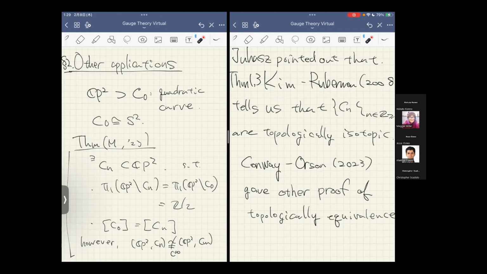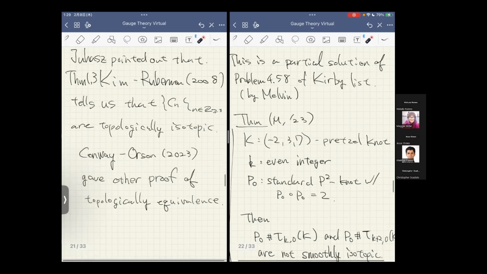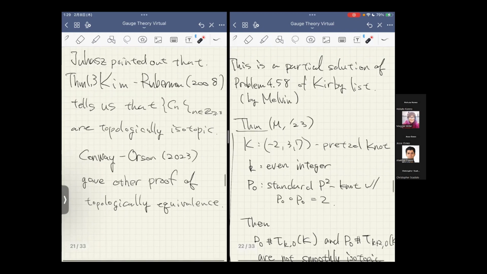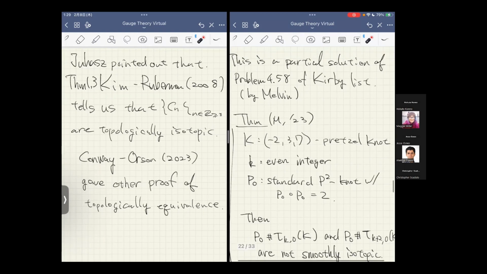Conway and Olson gave another proof that they are topologically equivalent. And here is another application. This is a partial solution of a problem of the Kirby list.